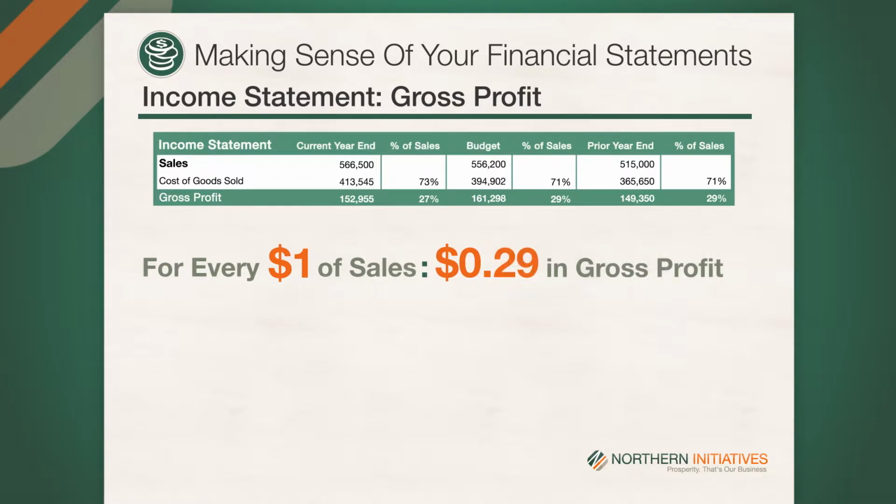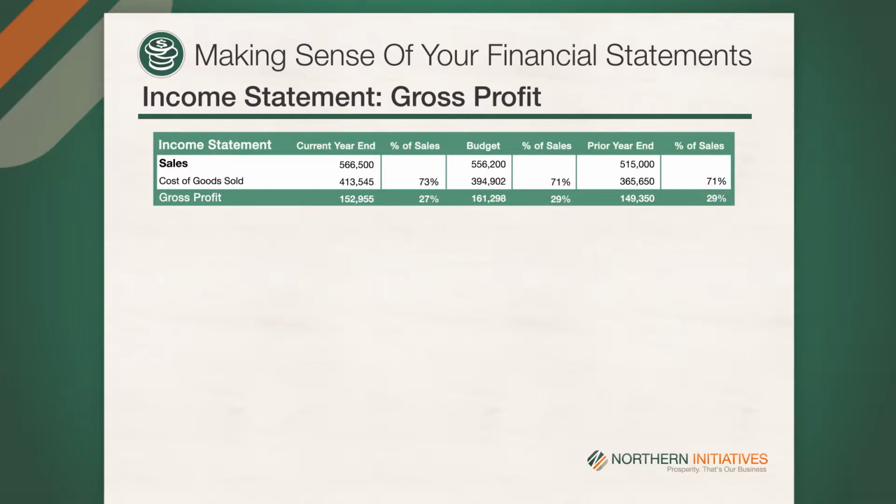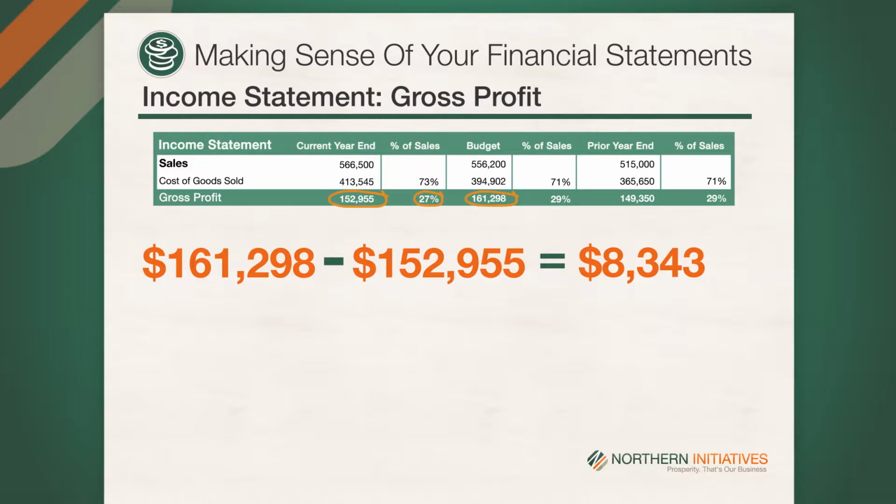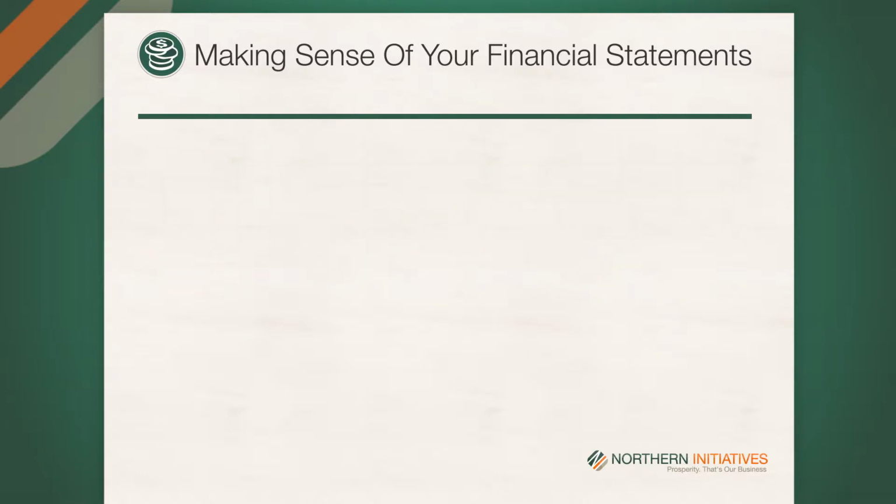The budget projected the same percentage of gross profit. However, because cost of goods sold was at a higher rate in the current year, gross profit dropped to 27% of sales, resulting in $8,343 less of gross profit dollars than budgeted.